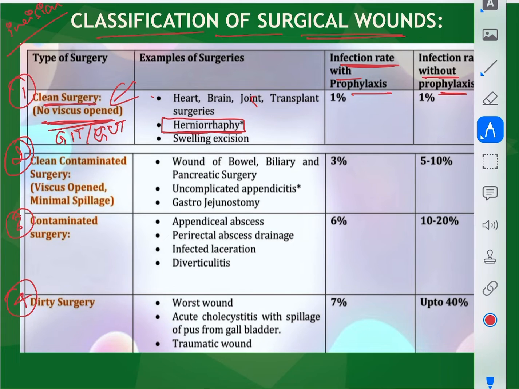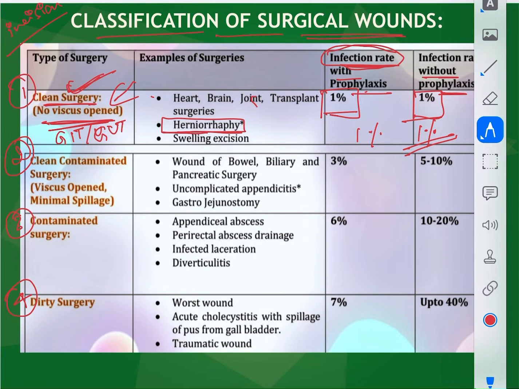That means if you give prophylactic antibiotics before surgery, and if you do not give the antibiotics before surgery, what is the infection rate that you can anticipate, which is 1% in case of clean surgery with or without antibiotics, which means there is no role of giving prophylactic antibiotics in clean surgery. Even if you give antibiotics, the chance of the wound getting infected is 1%. Even if you don't give the antibiotics, the chance of the wound getting infected remains the same, right?